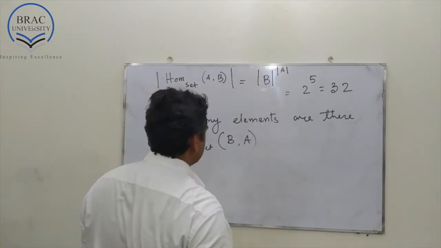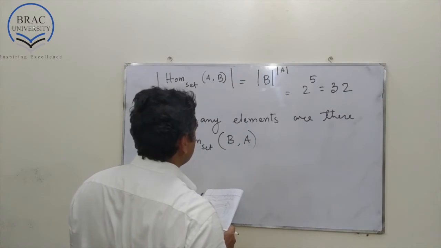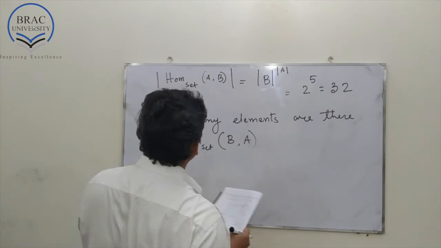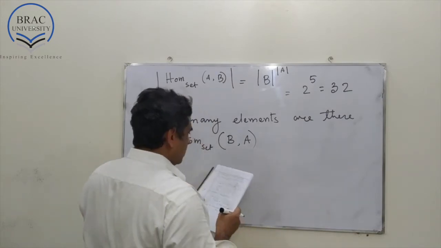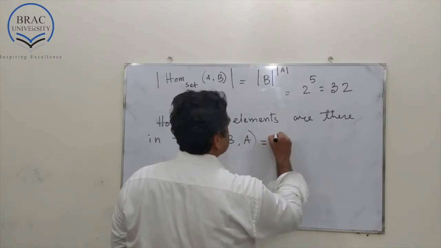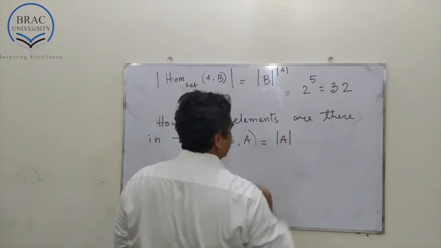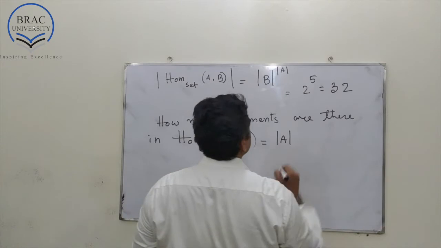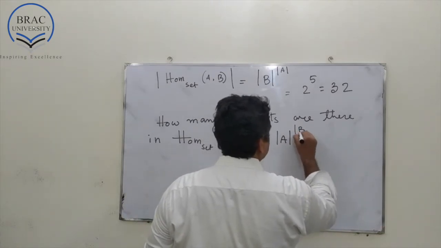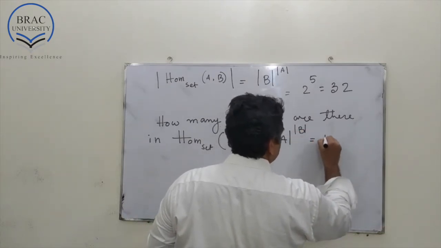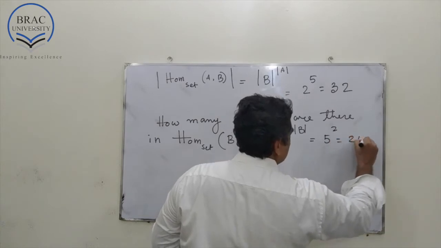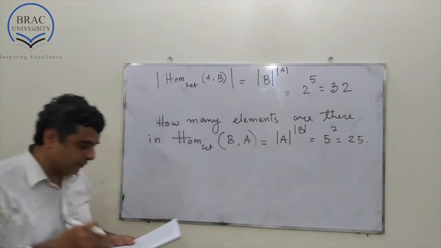According to the way we did it for Hom(A, B), the answer is the cardinality of A raised to the cardinality of B, resulting in 25.